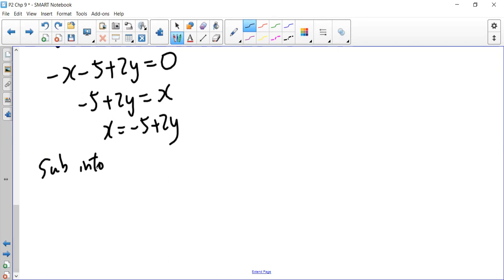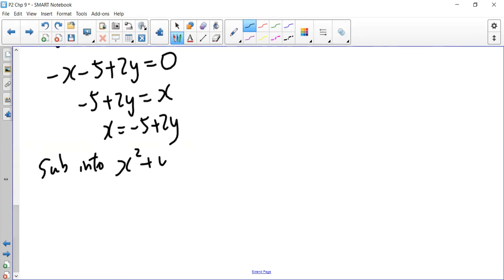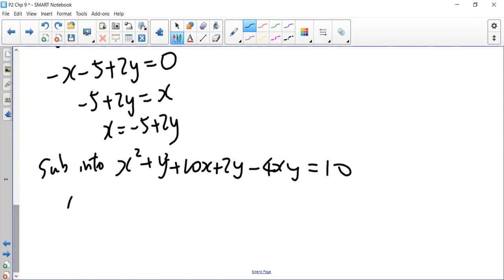into the original, which is, can't remember now, x squared plus y squared plus 10x plus 2y minus 4xy equals 10. Yep, it's going to be quite messy, but that's why it's 5 marks. So x squared is going to be minus 5 plus 2y squared, plus y squared.